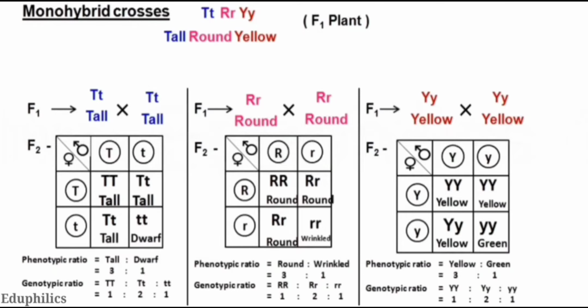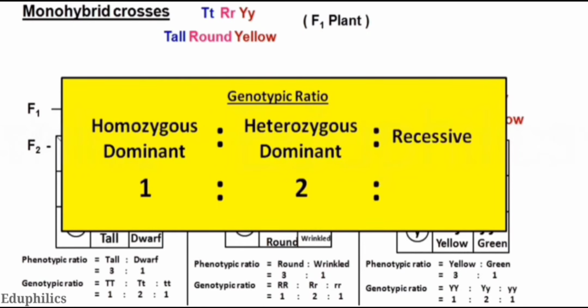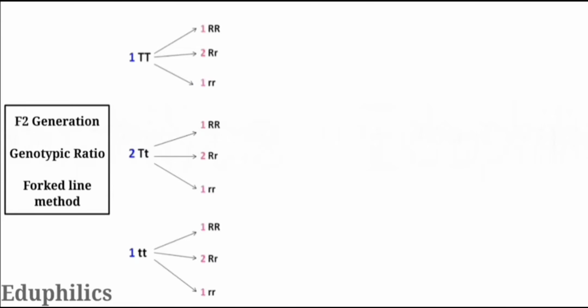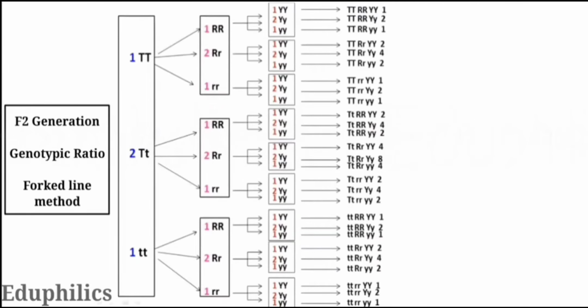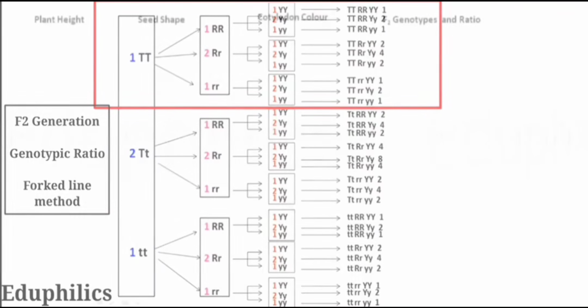Even for genotypic ratio, we should remember monohybrid crosses. Let's watch this part of the cross.